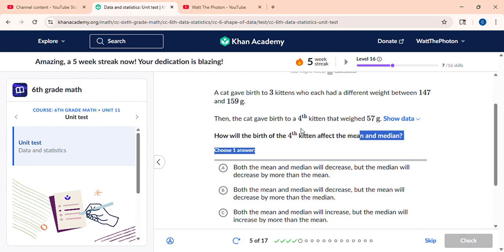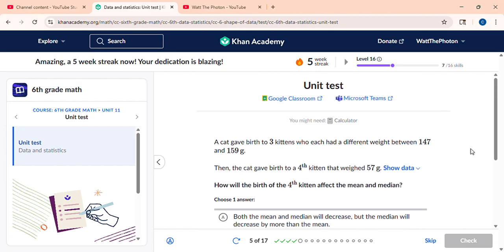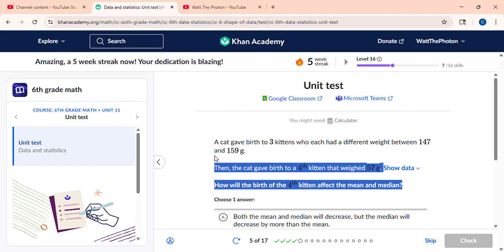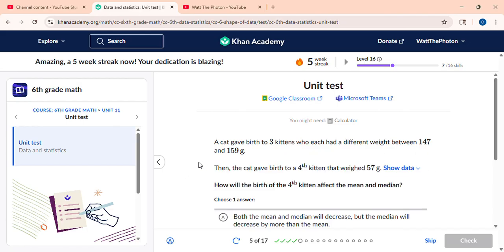A cat gave birth to 3 kittens who each had different weights between 147 and 159 grams. Then the cat gave birth to a 4th kitten that weighed 57 grams. How will the birth of the 4th kitten affect the mean and median?